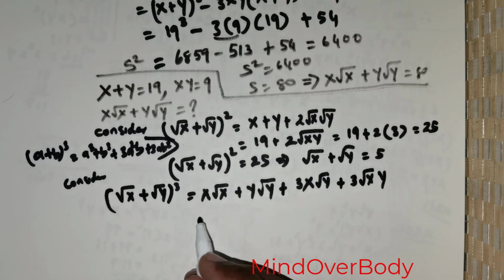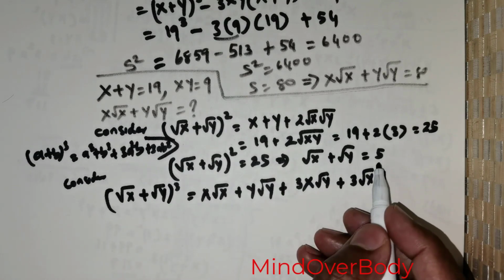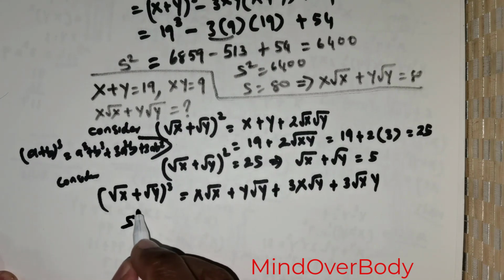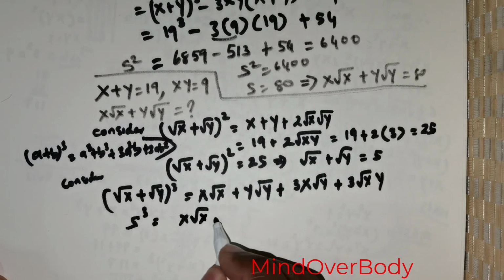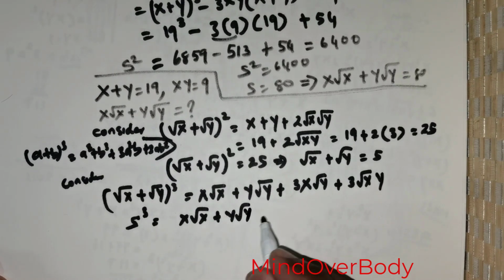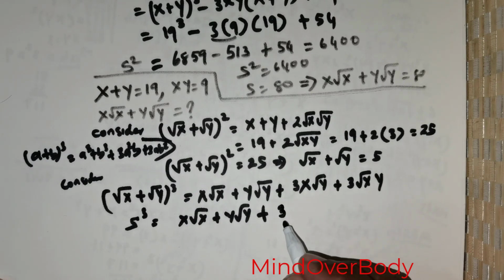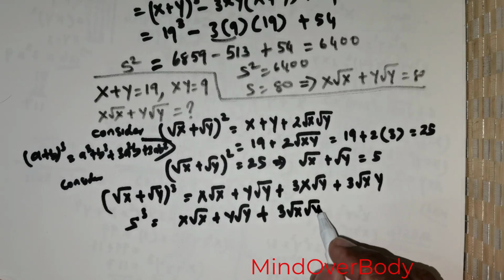Now what I wish to do is I know of course root of x positive root of y is 5. So let me place that. So this is going to be 5 cubed is equal to x times root of x positive y times root of y positive. Now what I wish to do is I would want to take 3 as common, so I'm taking 3 out. So I'm taking root of x multiplied with root of y out.